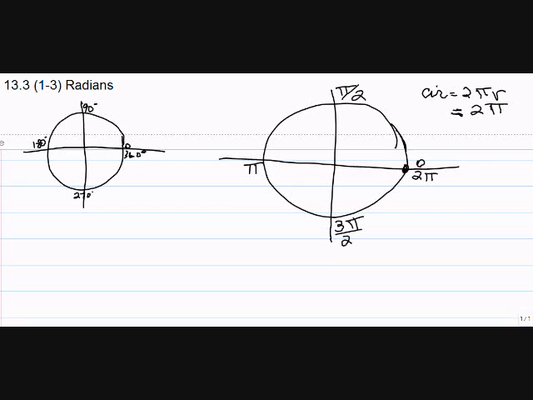So let's figure out some equalities here. 0 degrees is going to be the same thing as 0 radians. 90 degrees is going to be how many radians? 90 degrees right here. How many radians is that? Pi over 2. Here's 180 degrees.